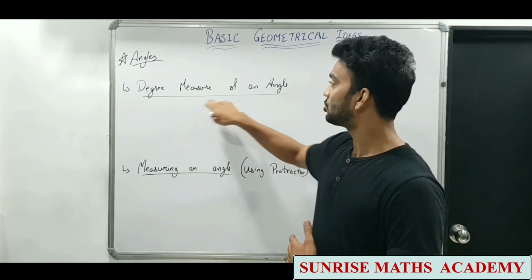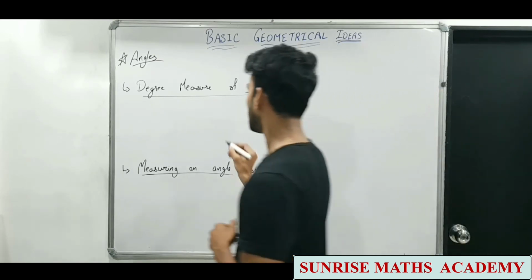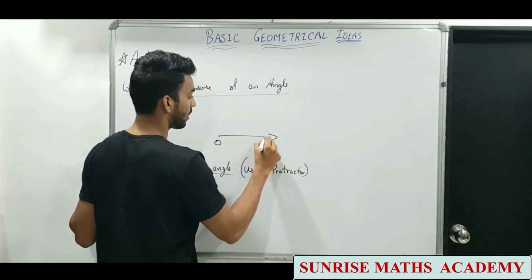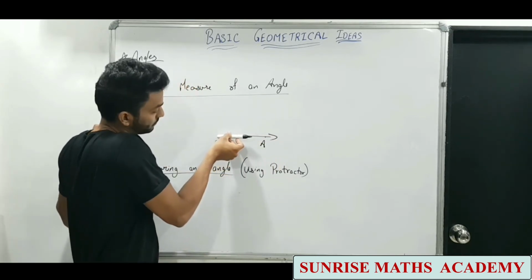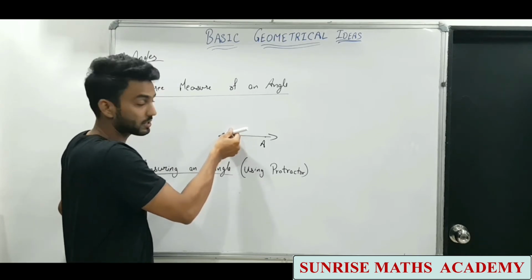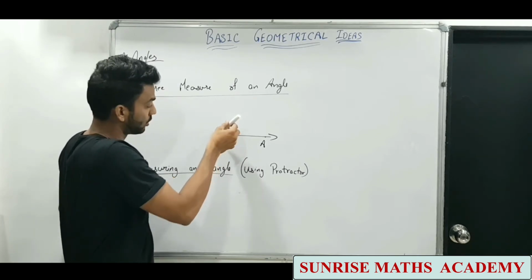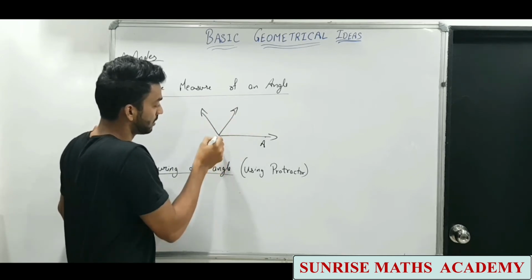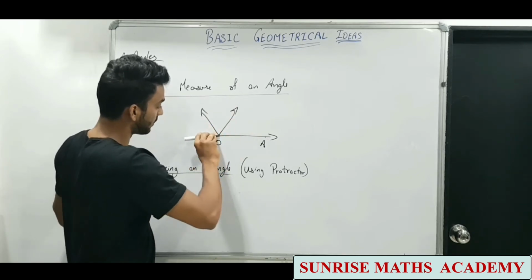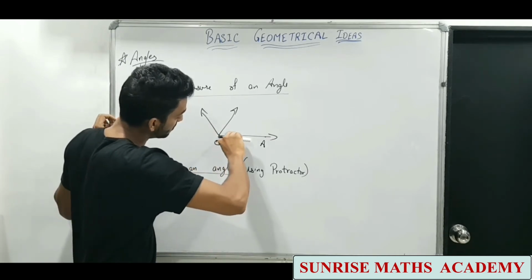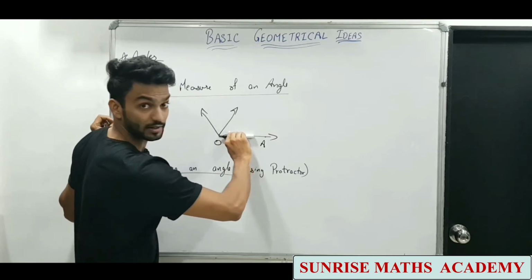Now degree measure of an angle. So as we discussed, if this is a ray, and if we start moving from here at this point, because this is our vertex, it will rotate from this point only. So if I'm rotating, I can get an angle here, I can get an angle here, and if I keep on rotating, at a point I'll come and reach here where I started.